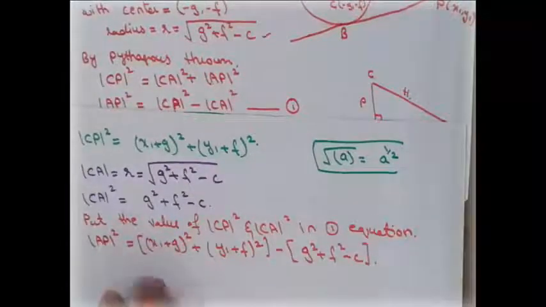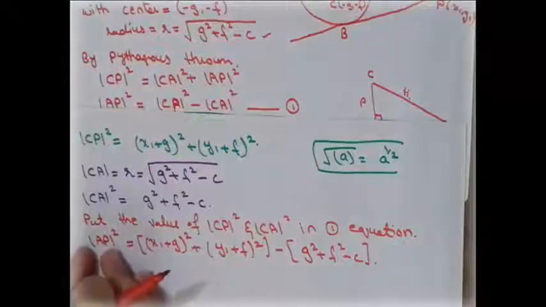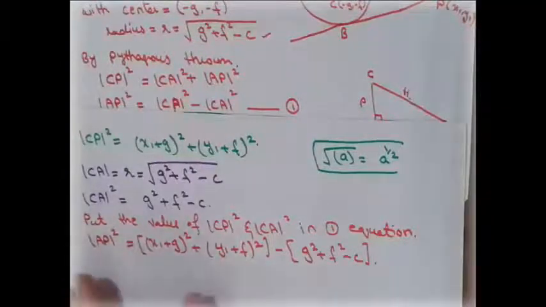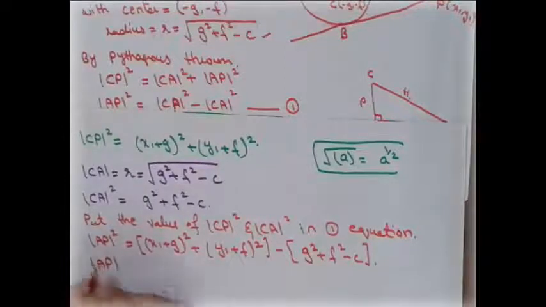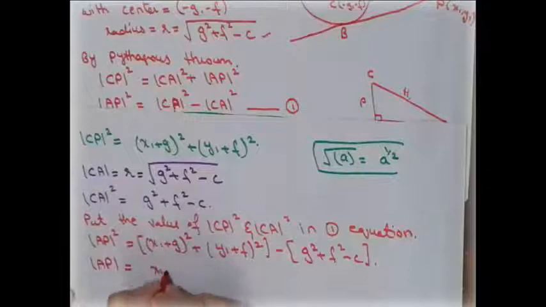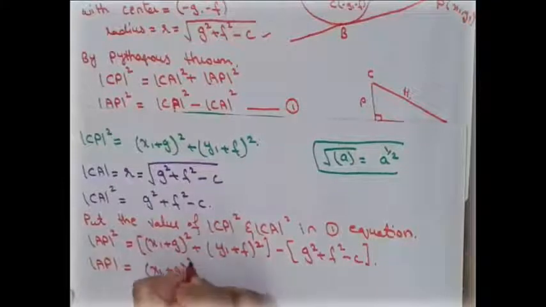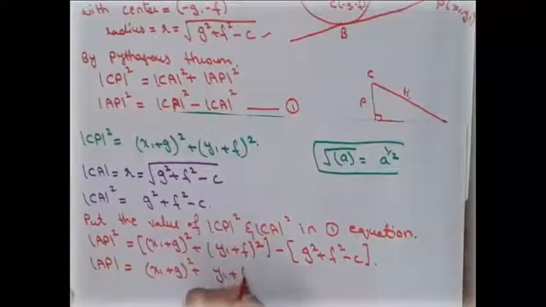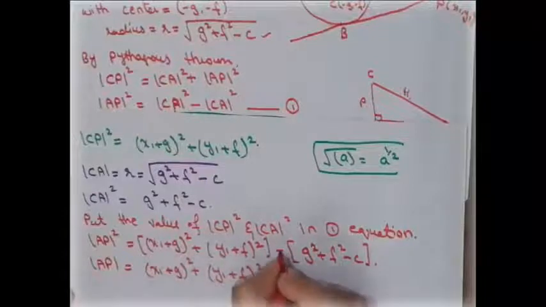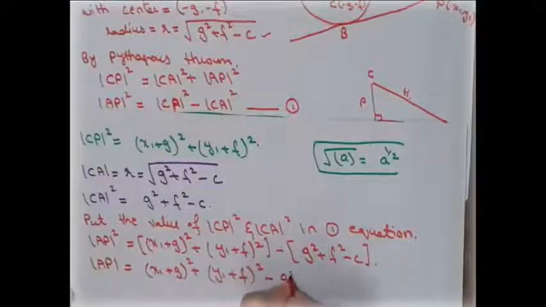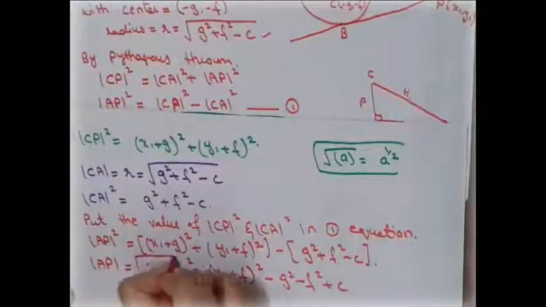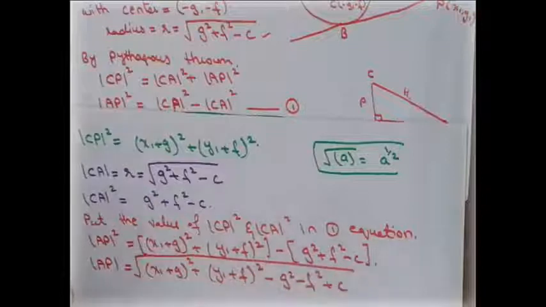Since this is a square, if we want the distance AP, we take a square root on both sides. If we open the minus sign for the whole bracket, it will be minus g squared minus f squared plus c, and just take a square root on both sides.